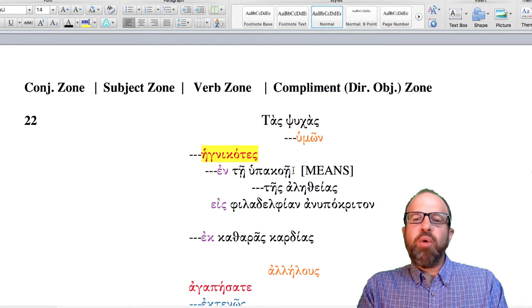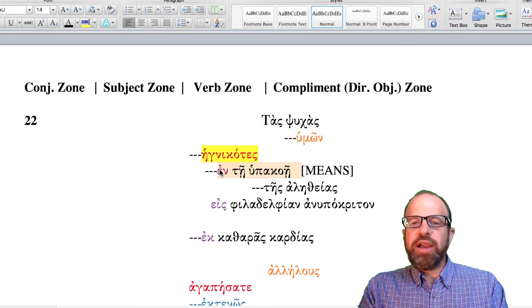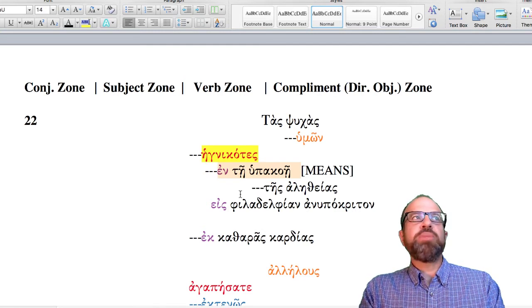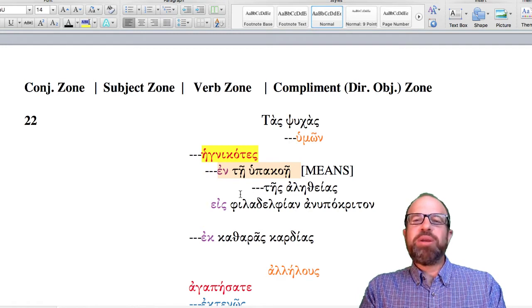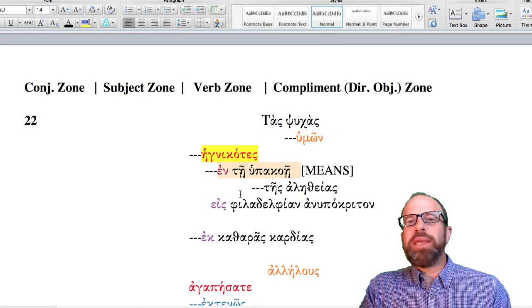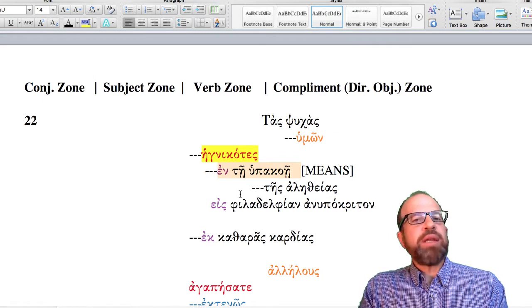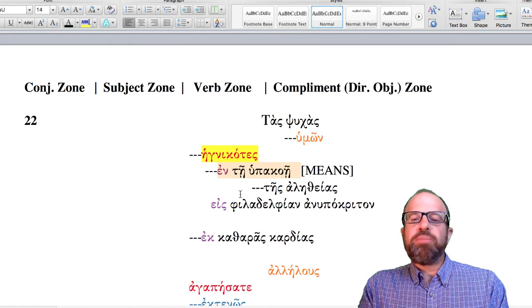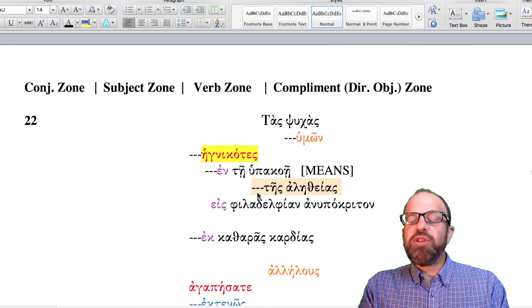Now, it's important that there's a qualifier here. It's not just any obedience, because you could be a part of a cult. You could be a part of any kind of group, and that group might tell you to do stuff and you can act obediently. That may not sanctify you. Notice that Peter here says obedience of the truth.